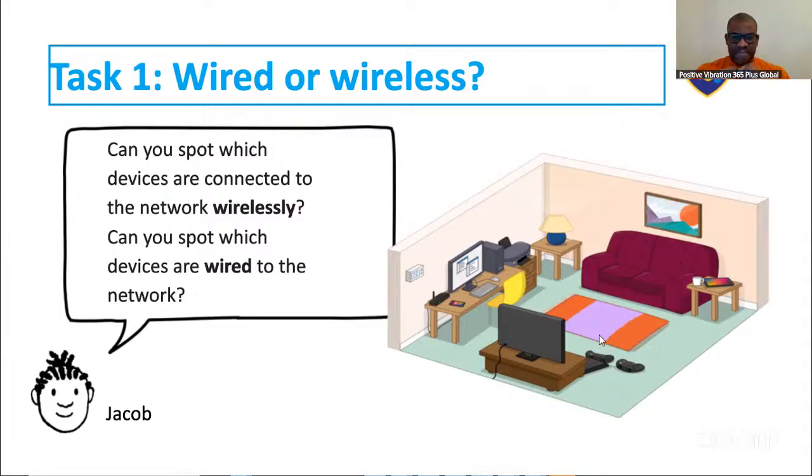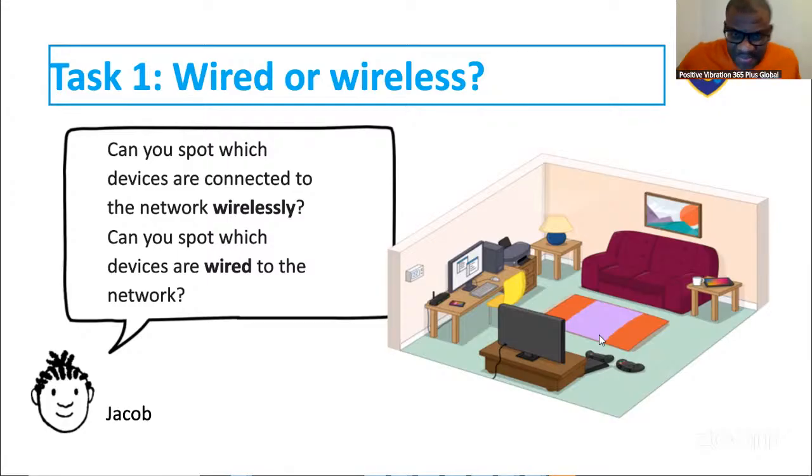Can be both. Yeah, good. Come on, guys, 3 points. The television. The television looks like it's wireless, but it can be wired depending. Yeah, good. Phone. The phone on the table is connected wirelessly. Good.